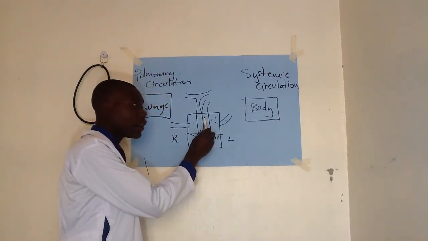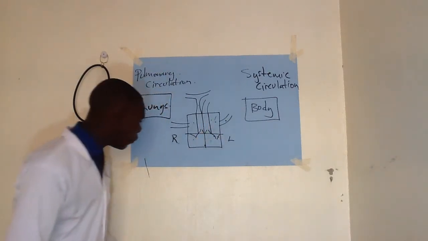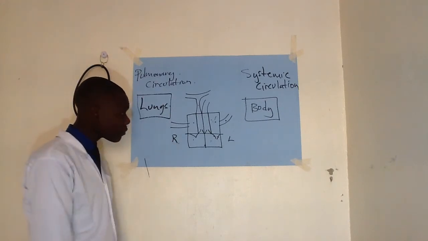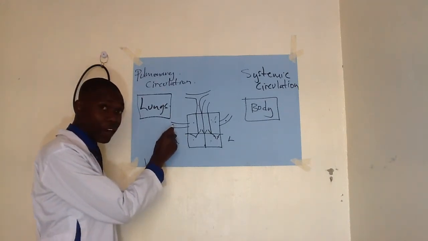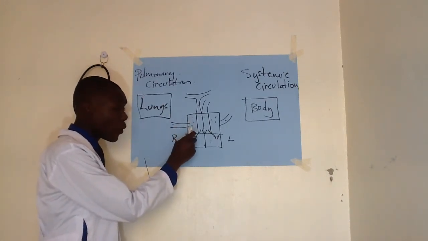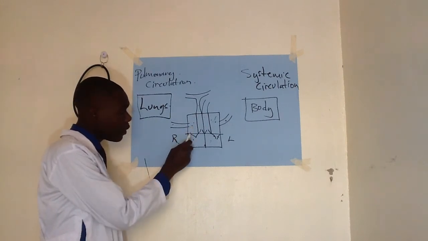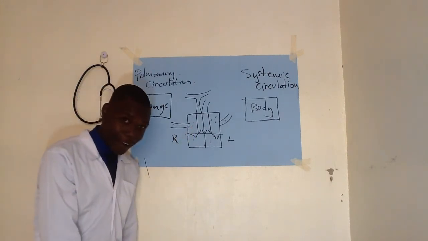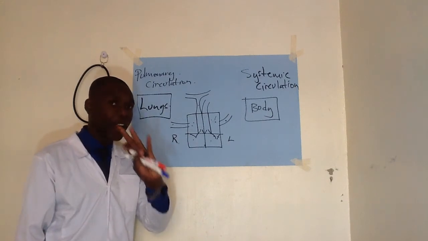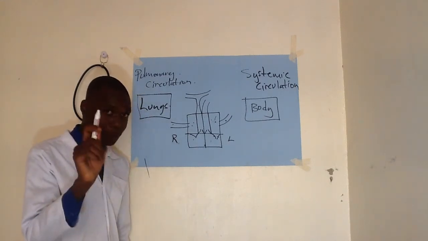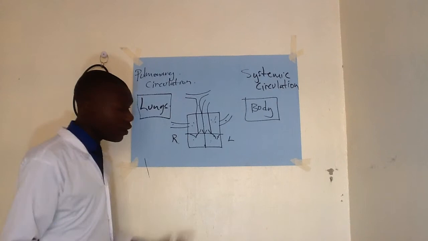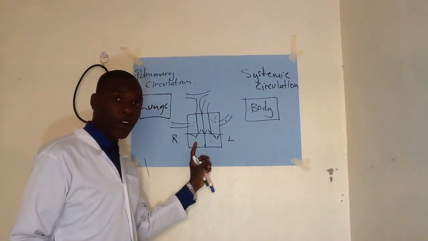This is our aorta. Then when you go to the right side of the heart, we have our vena cava here, our right atrium, our tricuspid valves. Why? Because they have 3 cusps. We have our right ventricle.